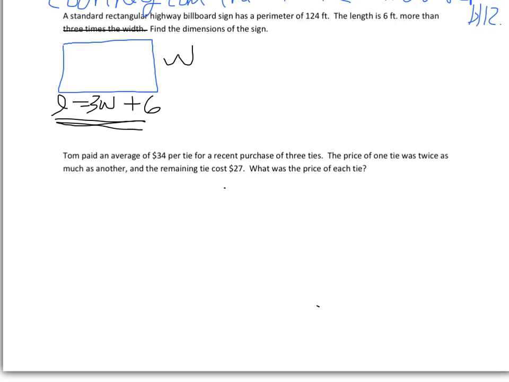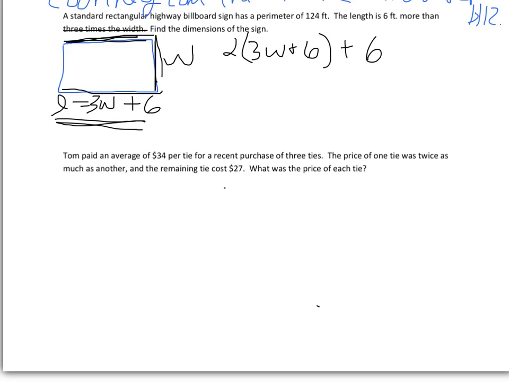Now, if we want to know what the perimeter is, it's going to be this length, which is 3w plus 6, plus this width, which is plus w, plus another 3w plus 6. Since we have 2 of those, we can say it's 2 times (3w plus 6).